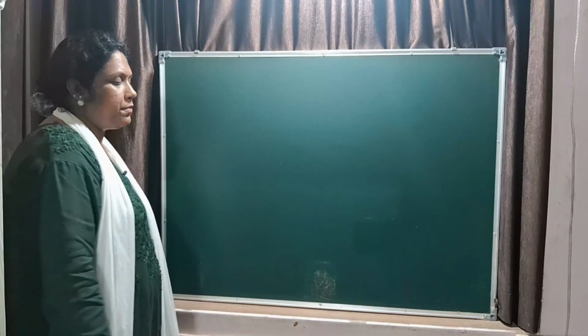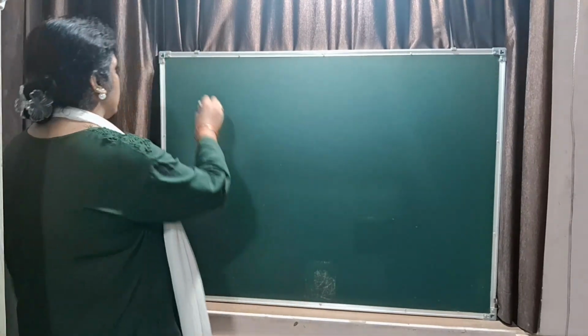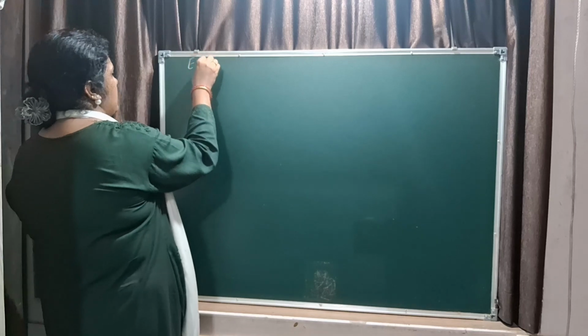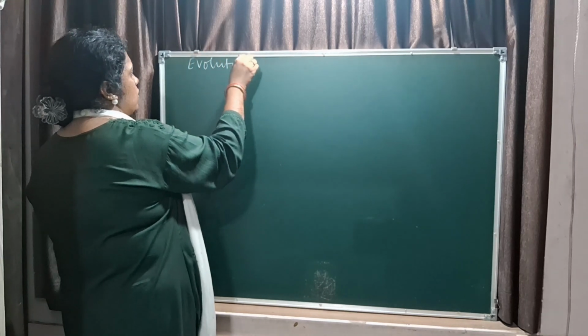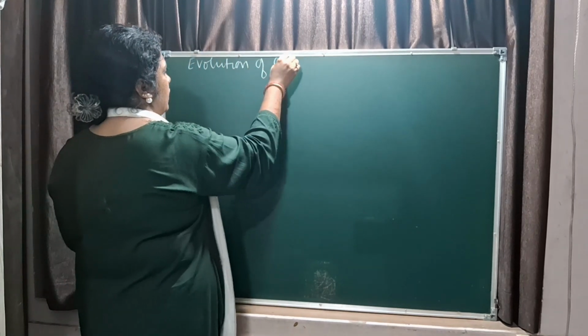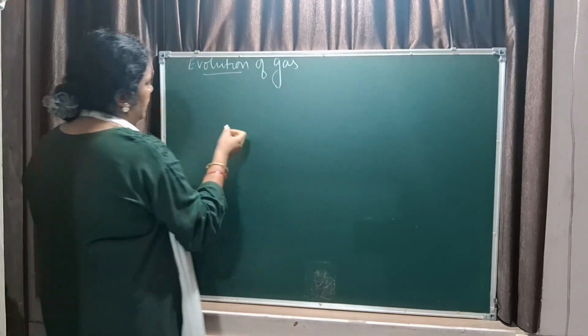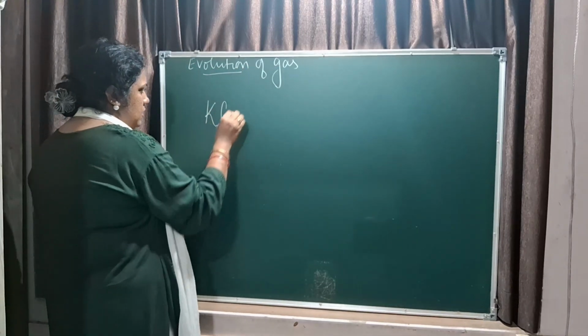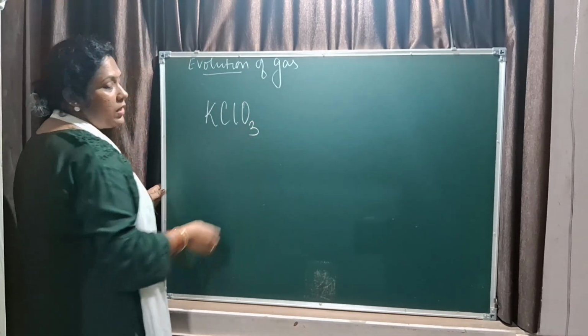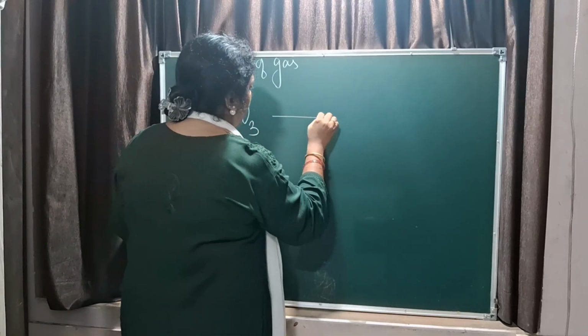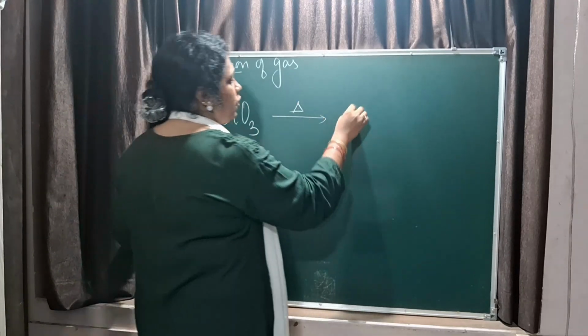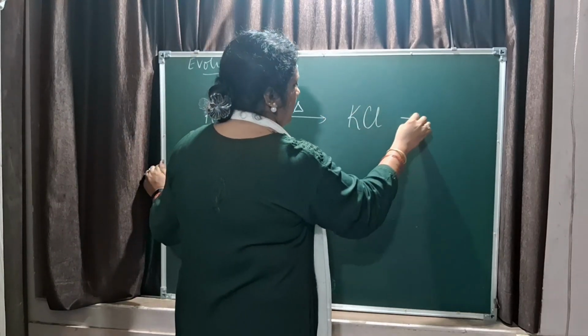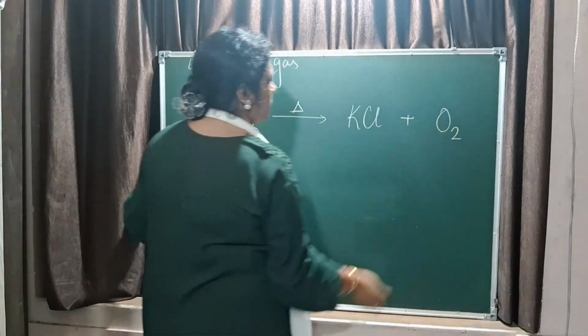Next we will take an example of evolution of gas. Let us see evolution of gas and we will learn about the balancing also. Now the simple example, KClO3, this is potassium chlorate. When it is decomposed, it forms KCl plus O2. Okay.